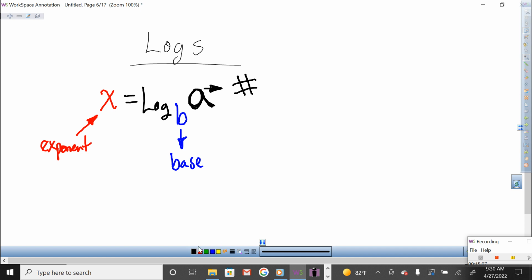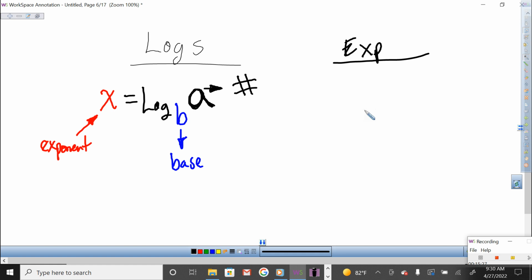Okay? And then we also talked about rewriting this because we needed to evaluate and simplify, and we needed to rewrite it as an exponential. So, help your neighbor to rewrite this as an exponential. They should know by now. Talk with your neighbor.